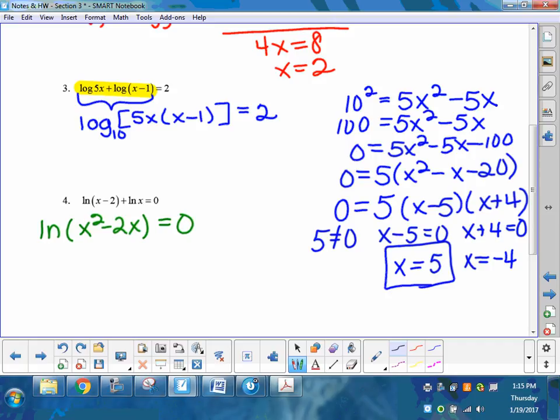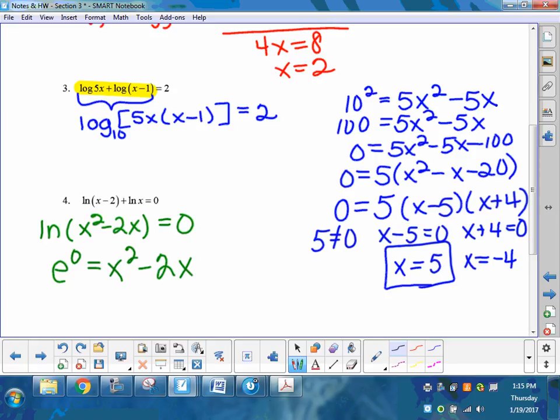And we rewrite it as e to the 0 equals x squared minus 2x. Now, she's absolutely right. Some of you start going, oh, how can I solve that? That has an e in it.